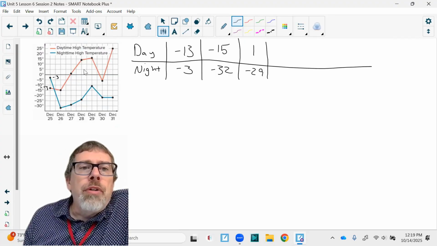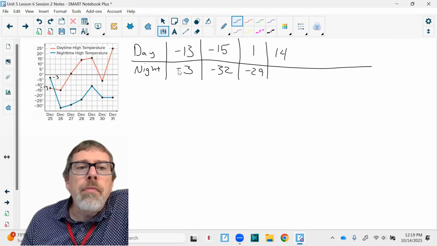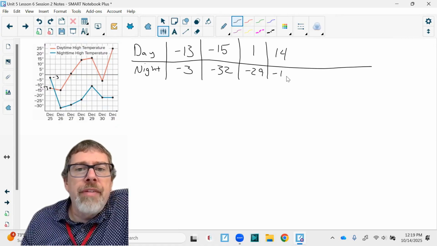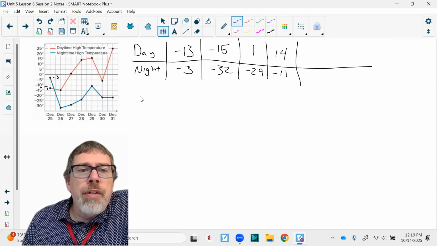You have to work with the unit of measurements they give you on the grid. So this looks a little less than 15, so I'm going to call it 14. And this looks a little bit colder than -10, so that looks like -11. Okay, so that's 25, 26, 27, 28. We're on the 29th now, and that's 16.